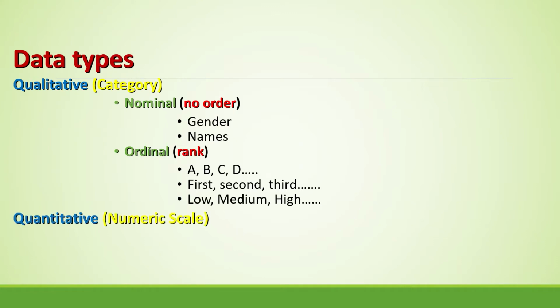So the first type is qualitative, the second type is quantitative, which is measurable.